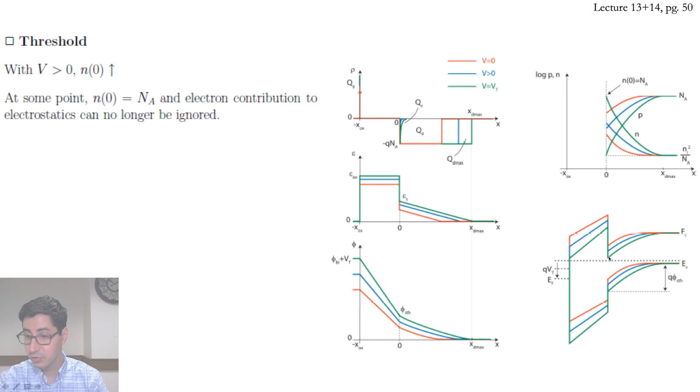But you can see in this green case, something special has happened. I've bent my bands down so far that I now start to have an appreciable electron concentration right at the surface. We in fact define threshold as the case when my electron concentration at the surface equals my hole concentration in the bulk.